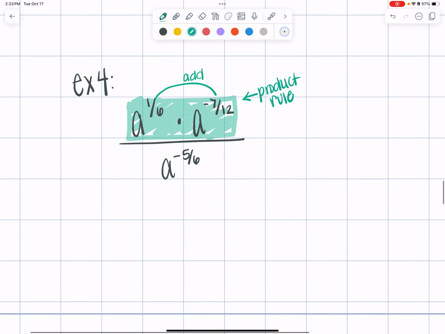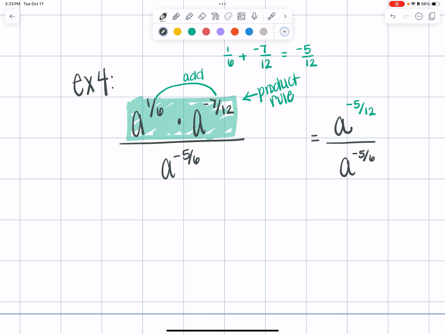So I will have 1/6 plus negative 7/12, or 1/6 minus 7/12. And once I add those and simplify, I get negative 5/12. So that means on top, I'm going to have a to the negative 5/12. And then I still have that denominator, a to the negative 5/6.